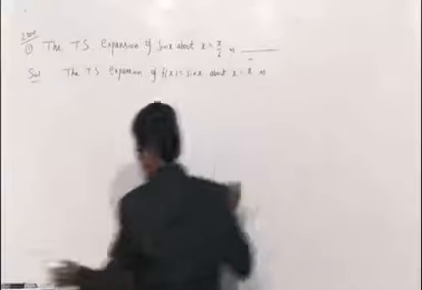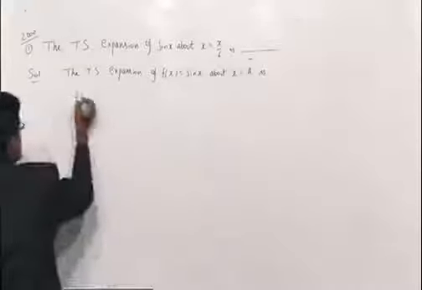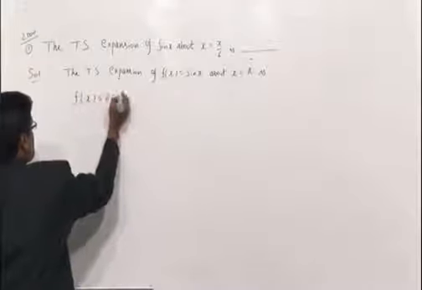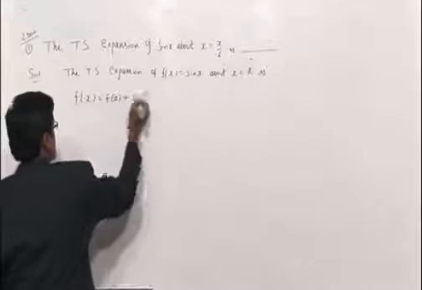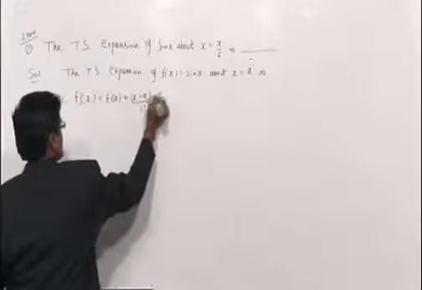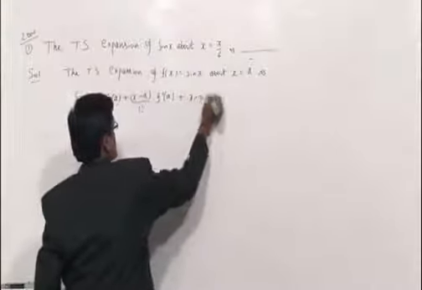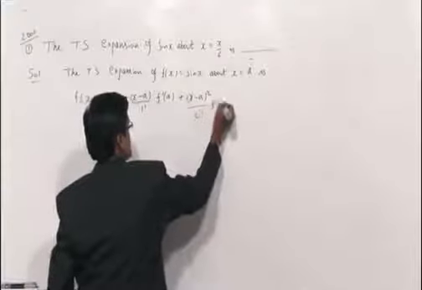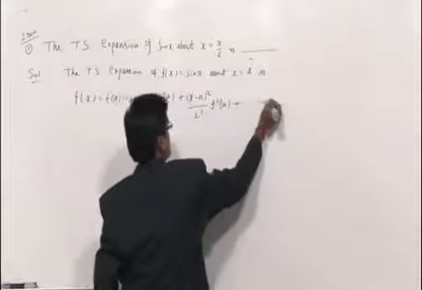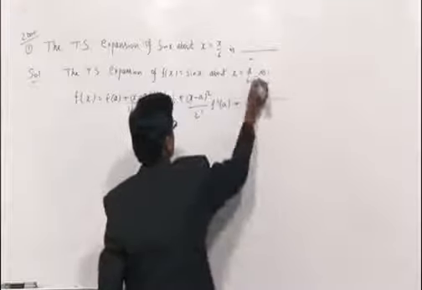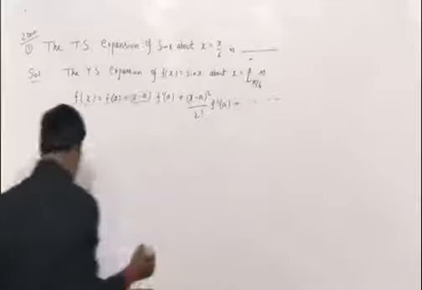About x is equal to a, the expansion is fx is equal to fa plus (x minus a) by 1 factorial into f dash a plus (x minus a) whole square by 2 factorial f double dash a, and so on. Here a is nothing but pi by 6.